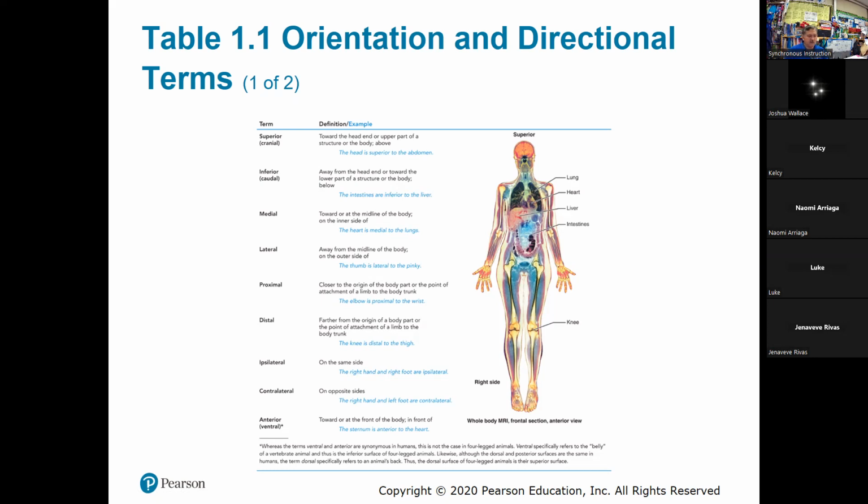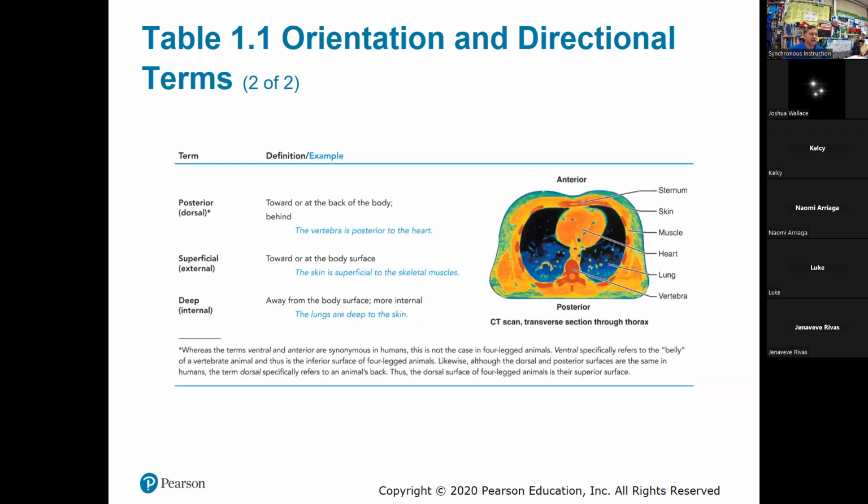And so that's the ventral side, its belly side. Sometimes we say its belly side is facing up. So here's dorsal here. And then we have superficial and deep. Deep means away from the body surface. So superficial as a term means going toward the body surface. Deep means away from the body surface.